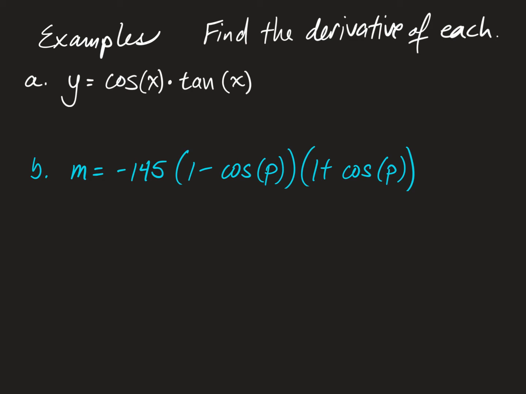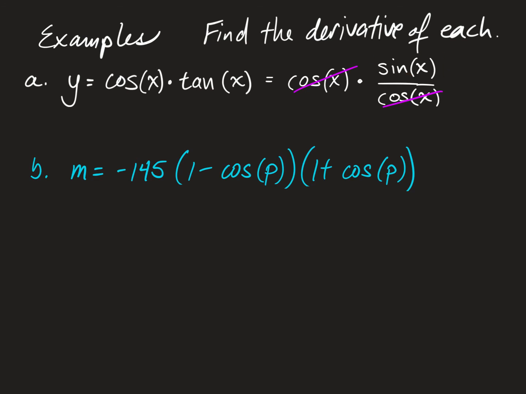And while, yes, you could use the product rule here and simplify, what you could also do is recognize that this function is cosine of x times, if we break tangent down into sines and cosines, it would be sine of x over cosine of x. And in this case, you can see the cosines reduce. So really, this function that we started with over here is equivalent to sine of x.